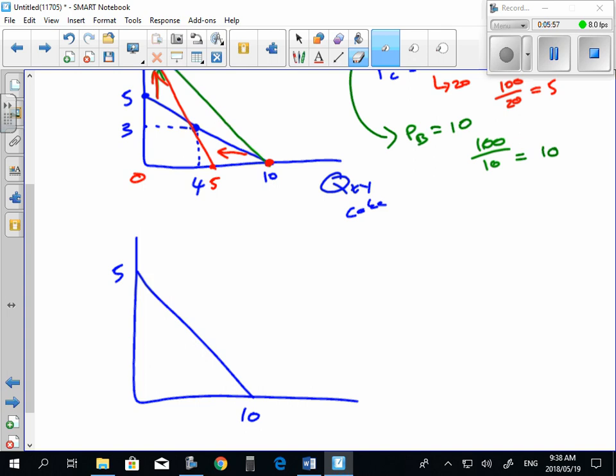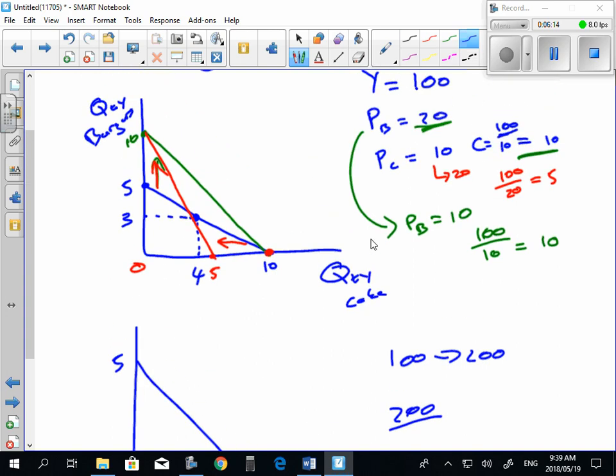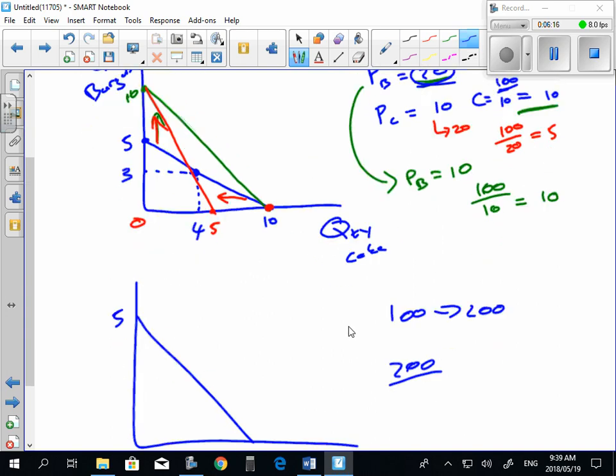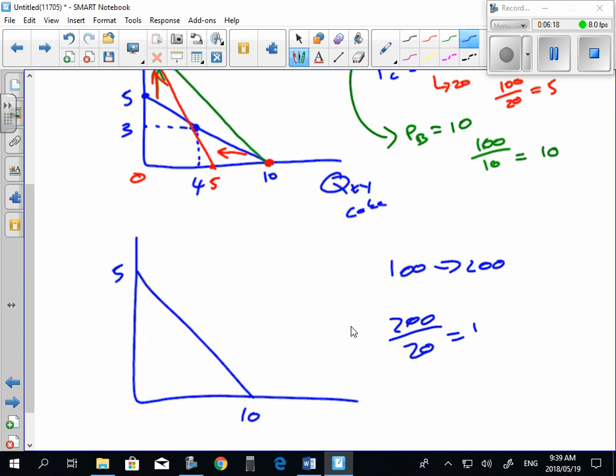Suddenly your income doubles from 100 Rand to 200 Rand. So you're equally happy. Let's calculate our new budget line. 200 divided by the original price of burgers, which was 20, gives me 10. 200 divided by 10, the original price of Coke, gives me 20.